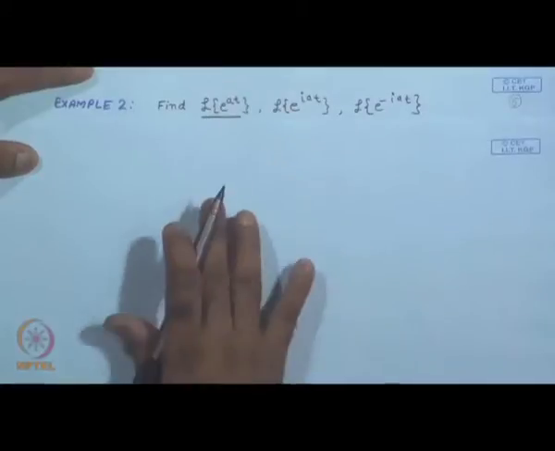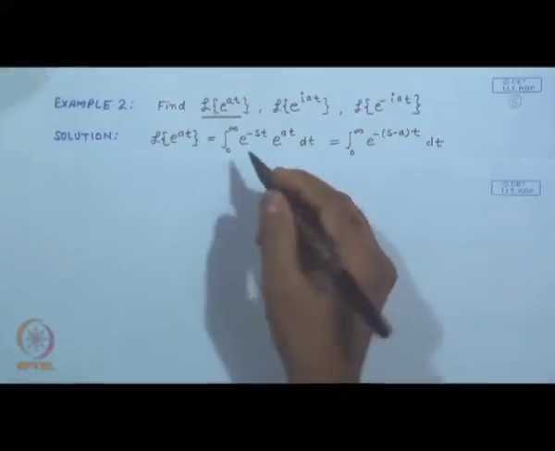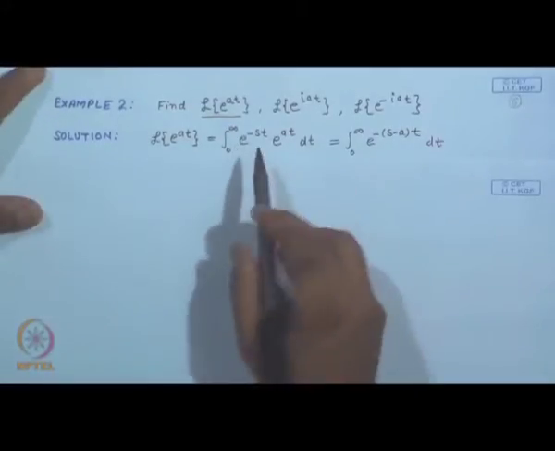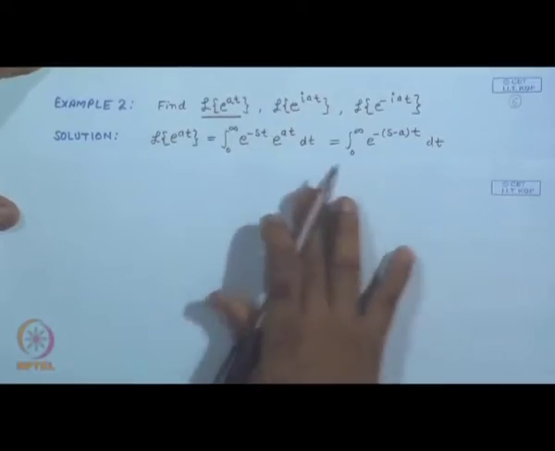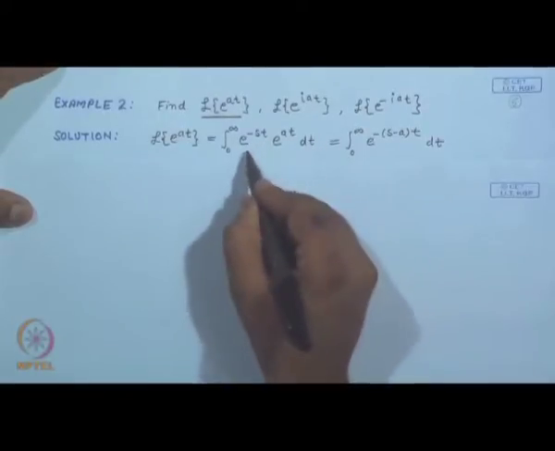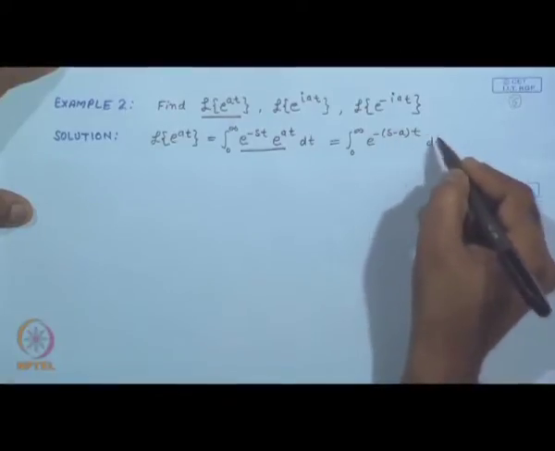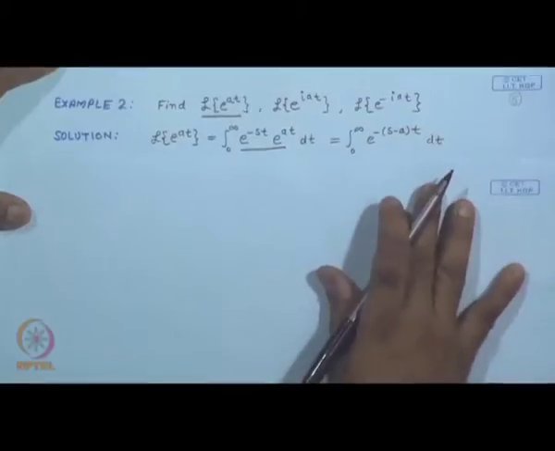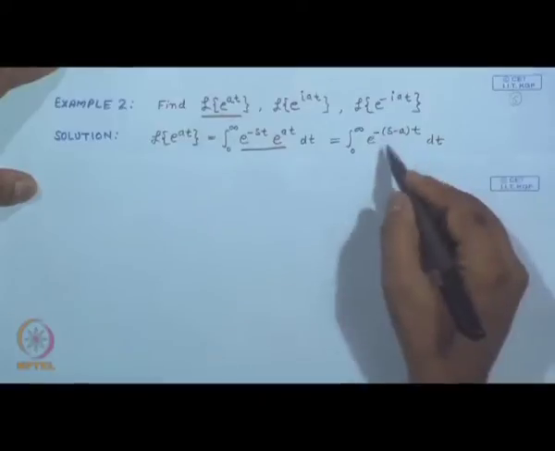We first take the Laplace transform of e^(at), and that, as per the definition, is the integral from 0 to infinity of e^(-st) e^(at) dt, and then we can combine these two to get the integral from 0 to infinity of e^(-(s-a)t) dt. And again it is very similar to what we have done for finding the Laplace transform of 1.